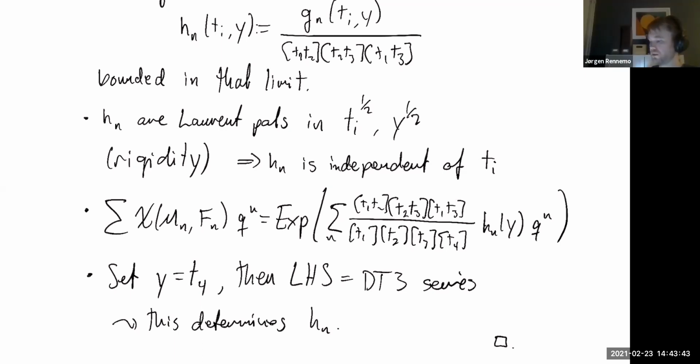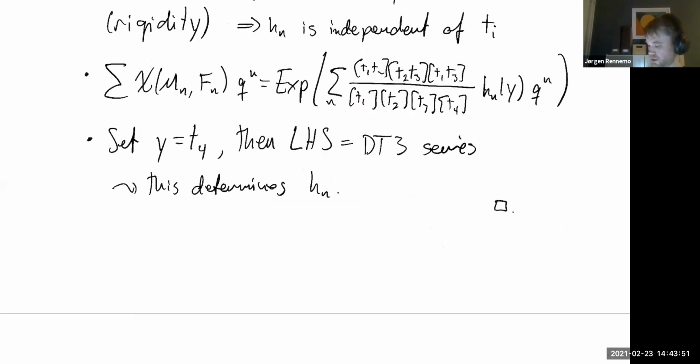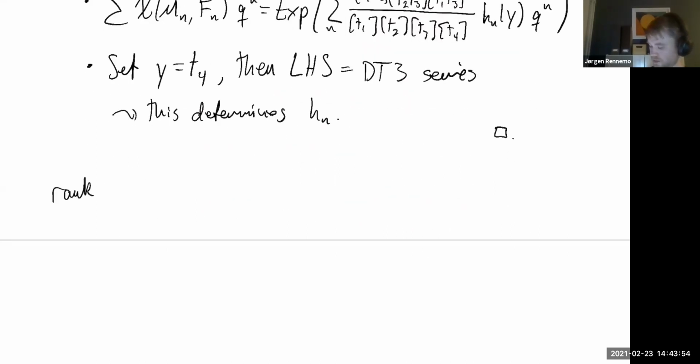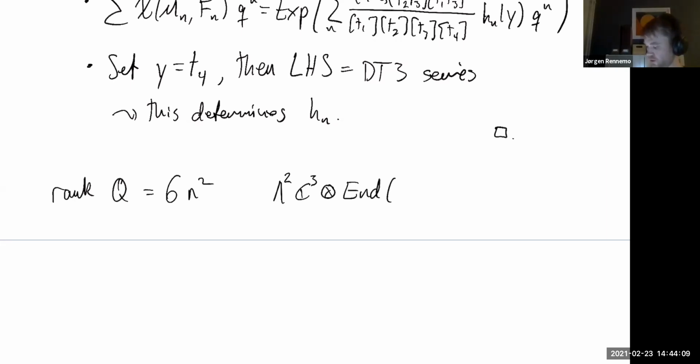So we had rank Q was 6 n squared, and it's really a wedge 2 C3 tensor in terms of the non-commutative Hilbert scheme. Yeah, it's this thing, and right. So what you do is you pick, no, sorry, it should be C4, of course.